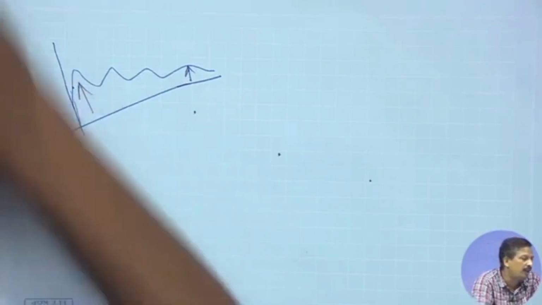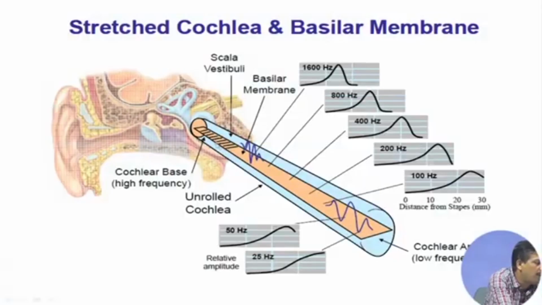The mechanical motions at high frequency have less amplitude. That is why the high frequency sensors are in the beginning, and at the apex are the low frequency sensors.